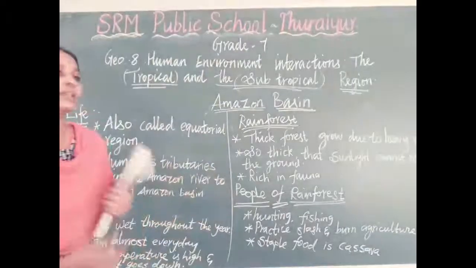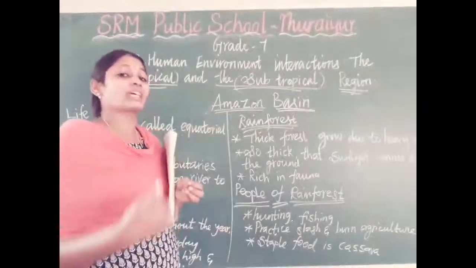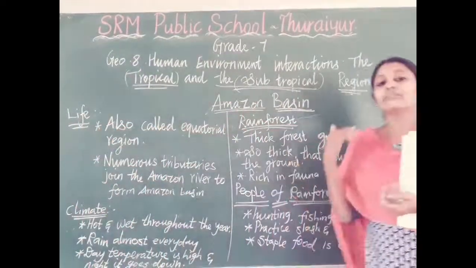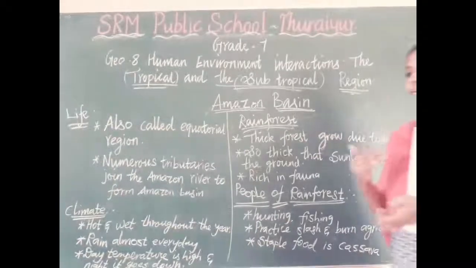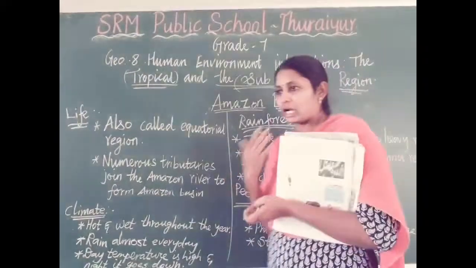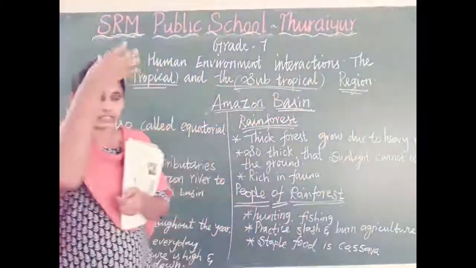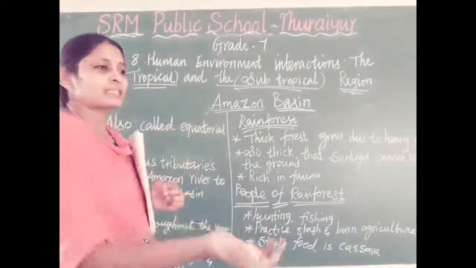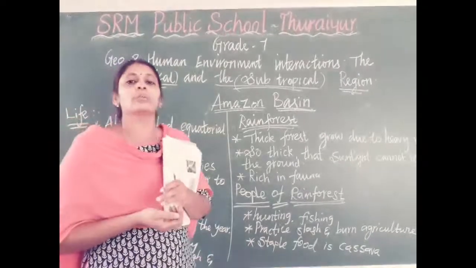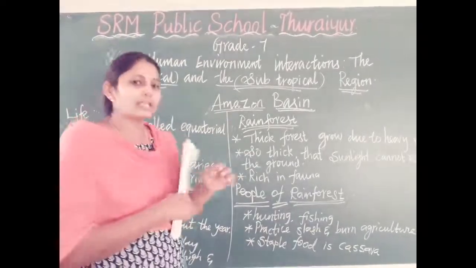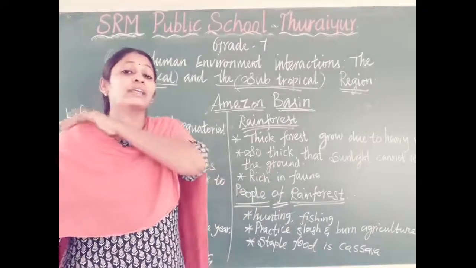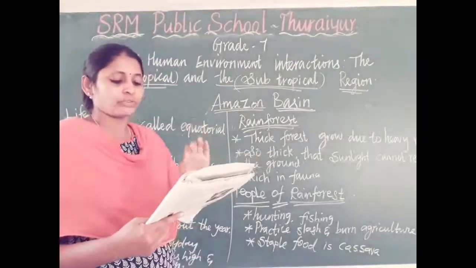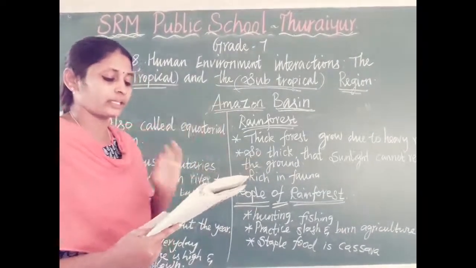This Amazon river starts from the western side of South America. Just as in India the Kaveri, Krishna and Godavari rivers start in the Western Ghats, flow to the east and finally join the Bay of Bengal, the Amazon river also starts in the western side. In the western side of South America, what mountain range do we have?